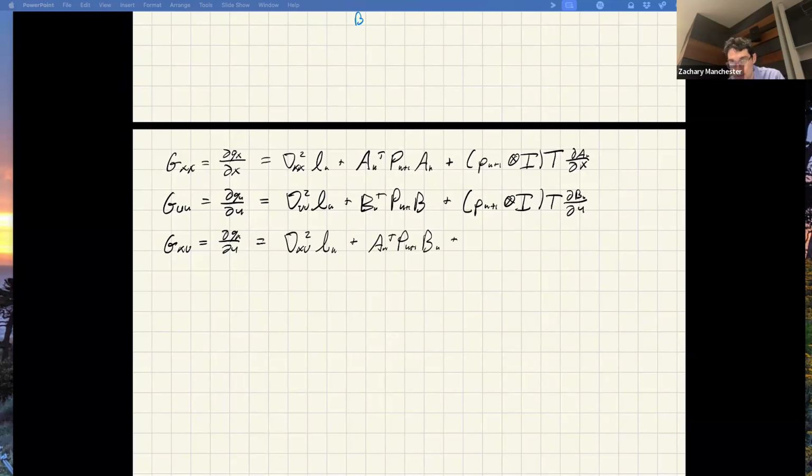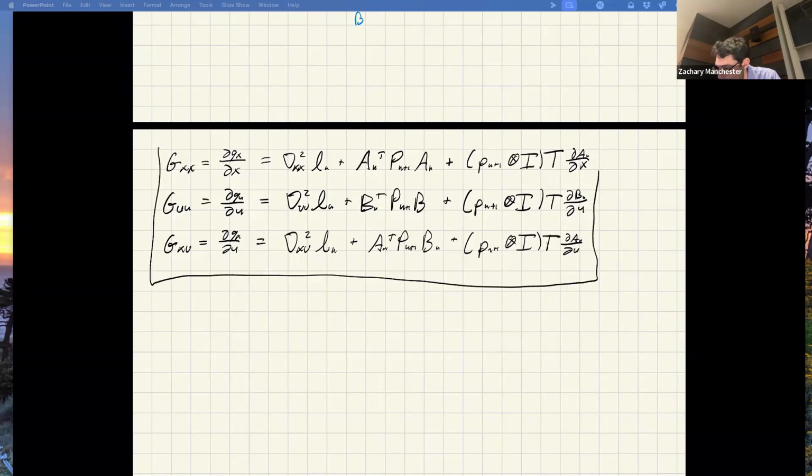And then the tensor term, we're going to get the following thing. This is u. Okay, that's the whole thing.